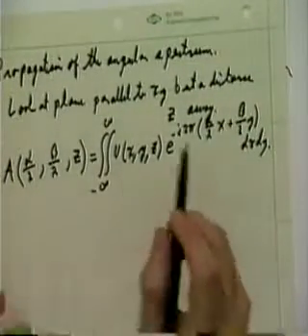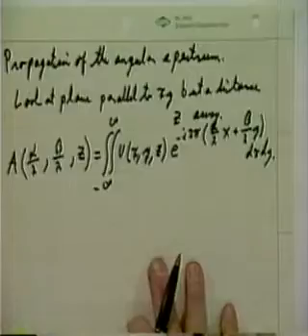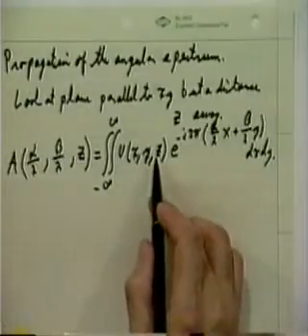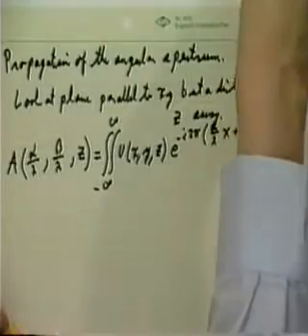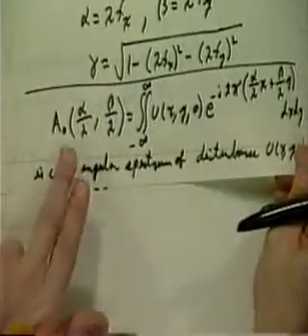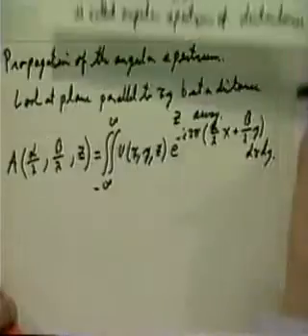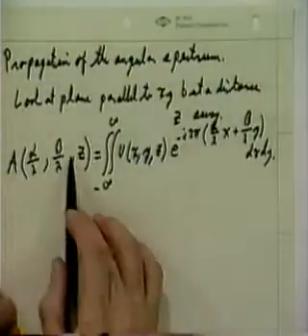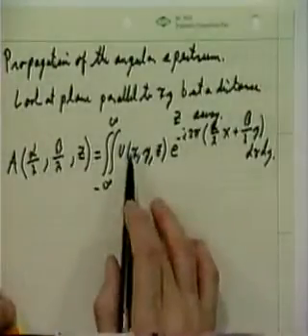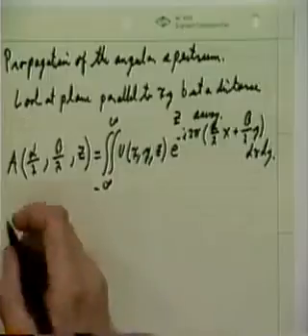So now, I don't know what u is. I want to find that. And if I can find the relationship between this A naught, which I can calculate, and this A right here, then I could solve for u. So I'll write that down.